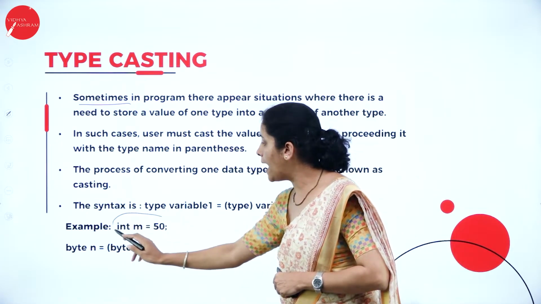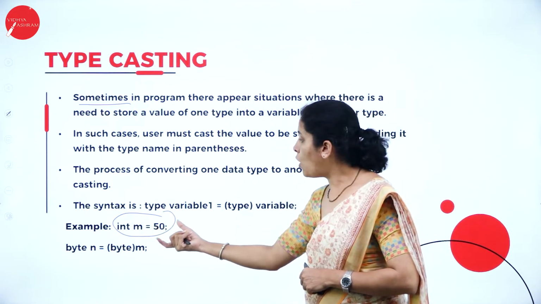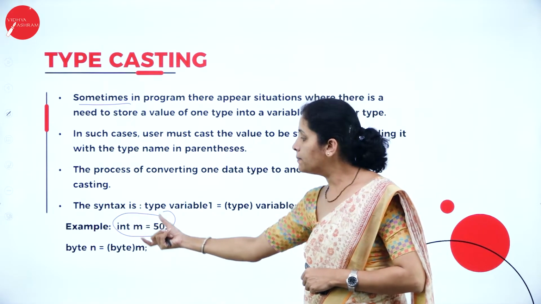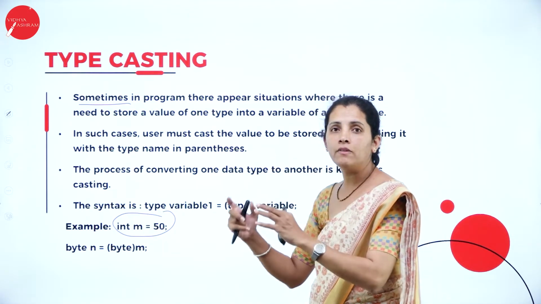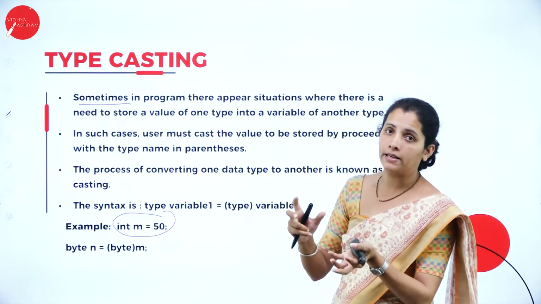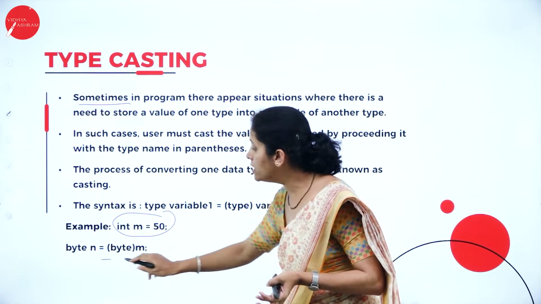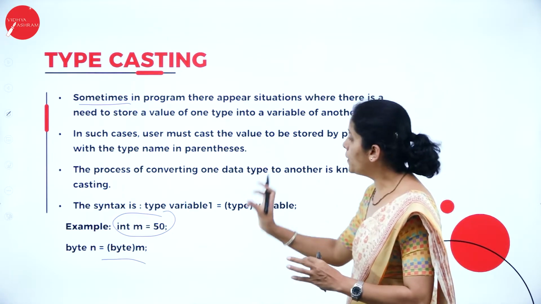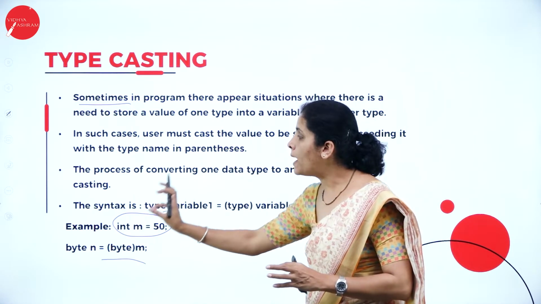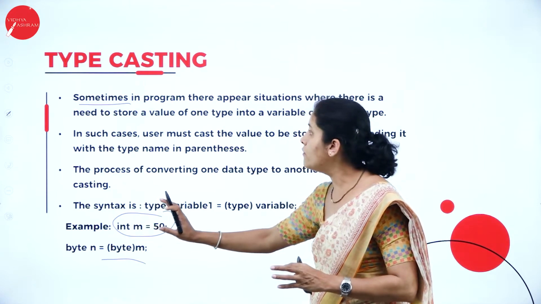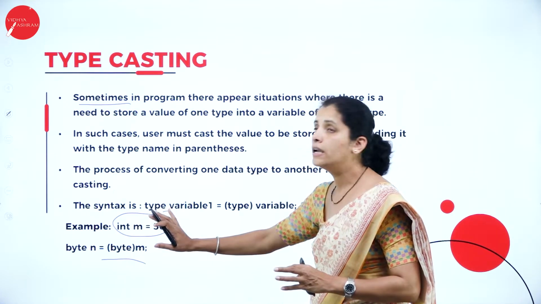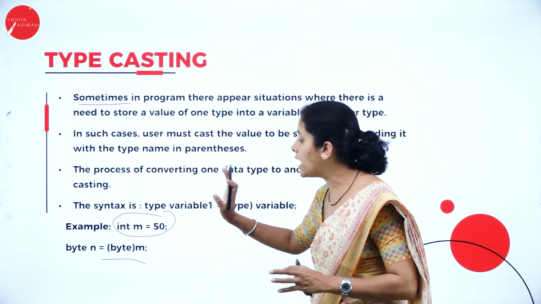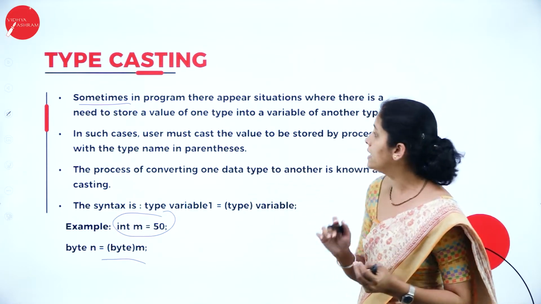Think that I have the variable called m and it's of type integer. Now in my program I want to convert that integer to byte. So what I'm going to do here, I'm going to convert that particular variable m to byte. This kind of conversion is called explicit conversion. That means manually I'm going to convert one data type to another.